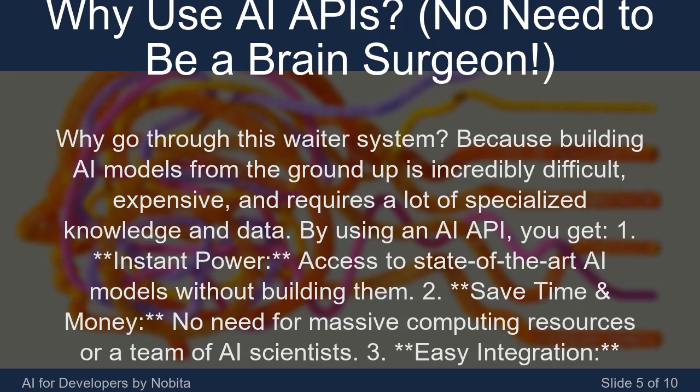No need for massive computing resources or a team of AI scientists. 3. Easy integration. Major tech companies like Google, OpenAI, Amazon, and Microsoft offer these APIs, making them reliable and easy for developers to plug into their existing apps. It's like buying a pre-made cake instead of baking it from scratch for your app.